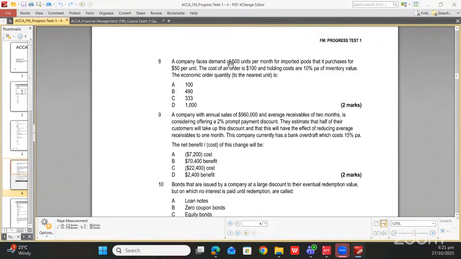So let's hear what you all have for this one. For question 8, what do we have as the answer? If you didn't do it, you can do it. It doesn't take a minute. The square root of 2 COD over CH. And you have the CO, the cost per order, the annual demand, and the holding cost per unit. That's it. Find the square root of that.